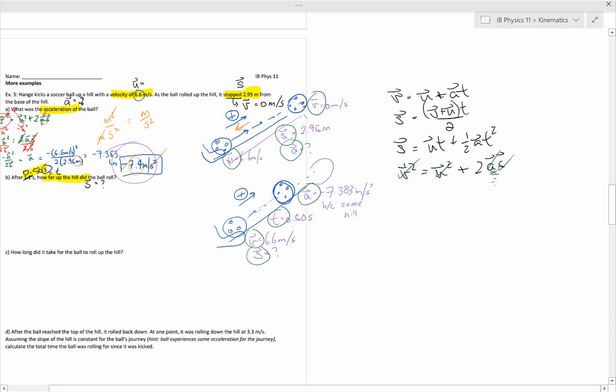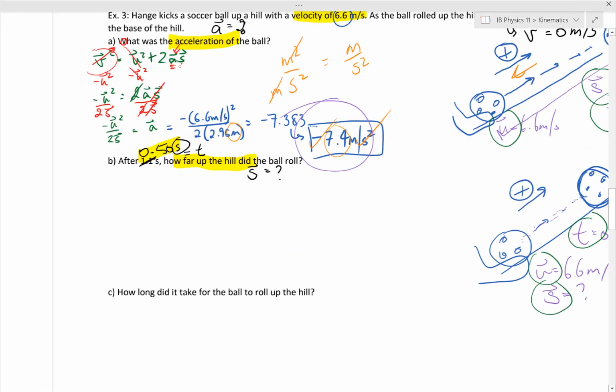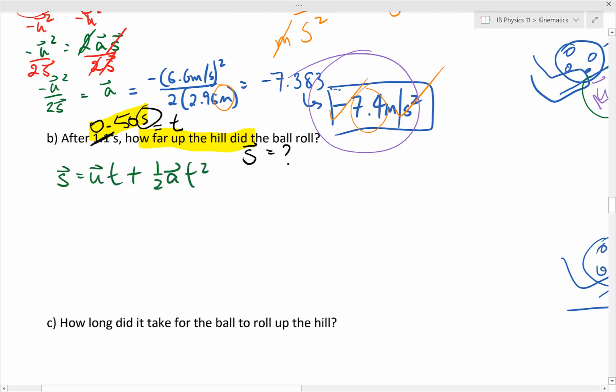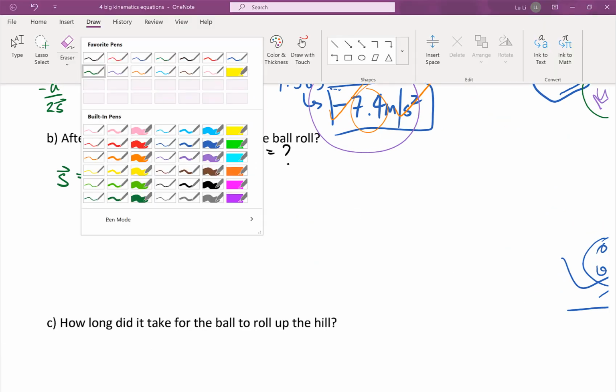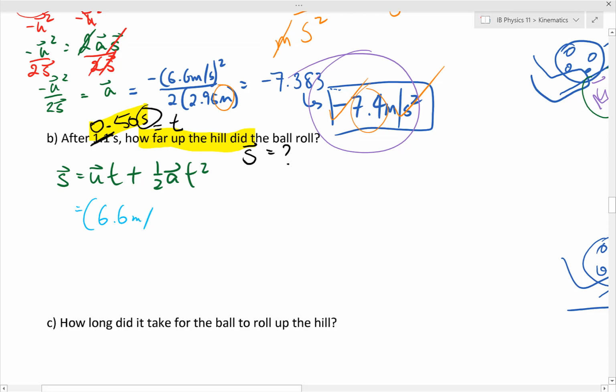If we go through all the equations, the one fulfilling all of our needs is this one. We have S, initial velocity, time, acceleration. Let's use that one. And hey, we are finding the displacement. We don't even need to rearrange the equation. So let's write it down and solve.